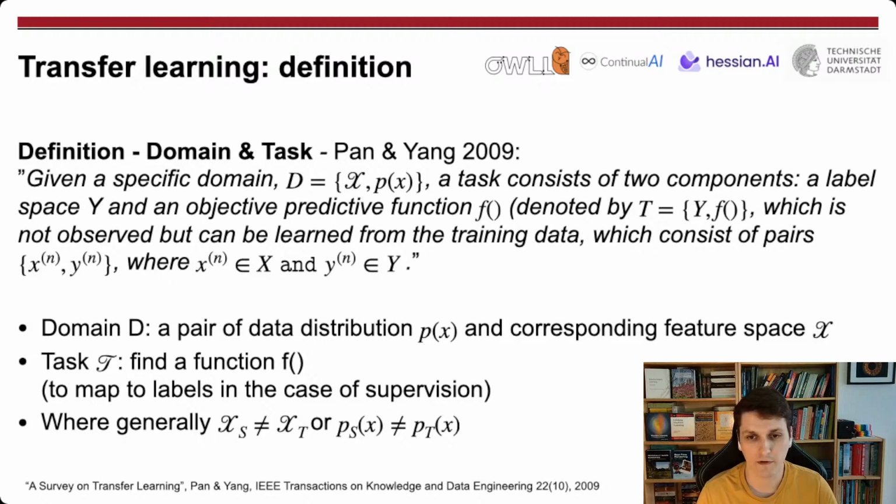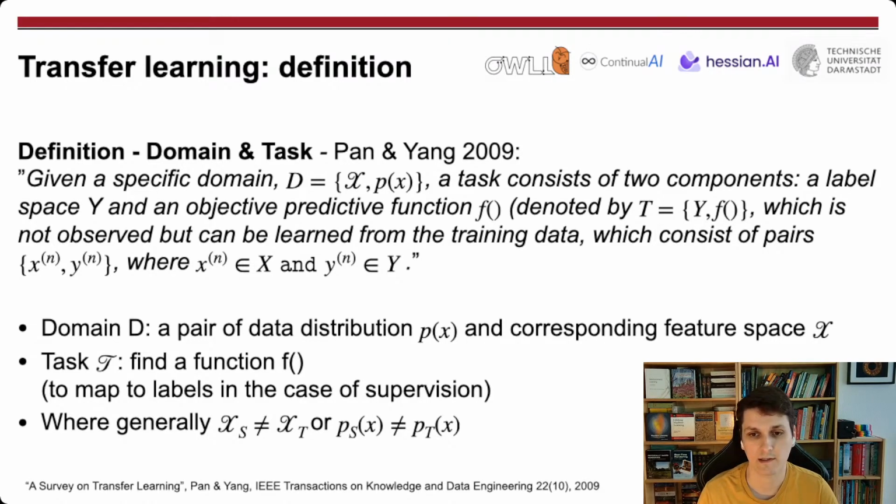Now note that this is a definition for supervised learning, but essentially what this tells us, and these are the important parts that we'll stick to, is that a domain is a pair of data distribution and corresponding feature space, because someone's actually said in the chat that feature space position shift could be a thing. So yes, domain shift would mean that also feature space position can shift. And the task is essentially to find a function.